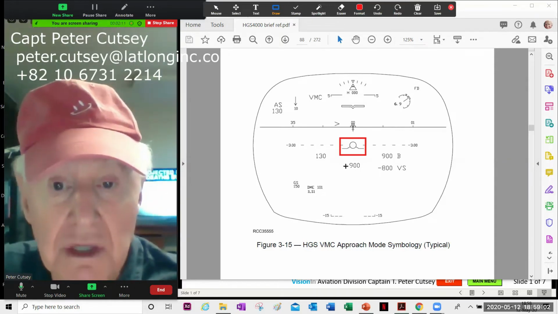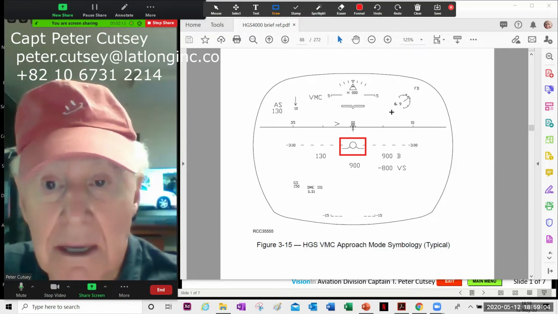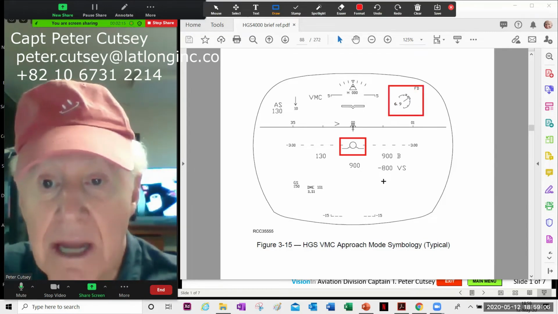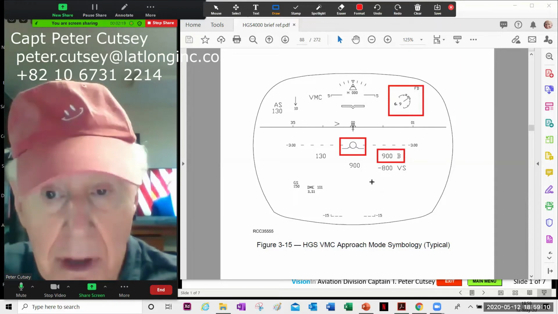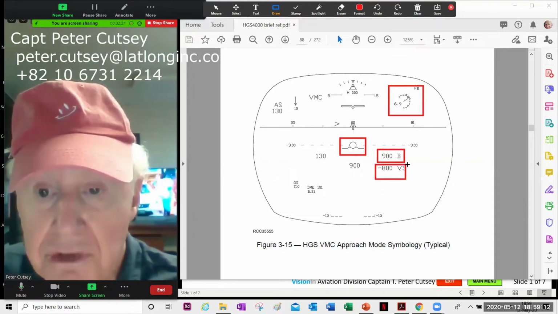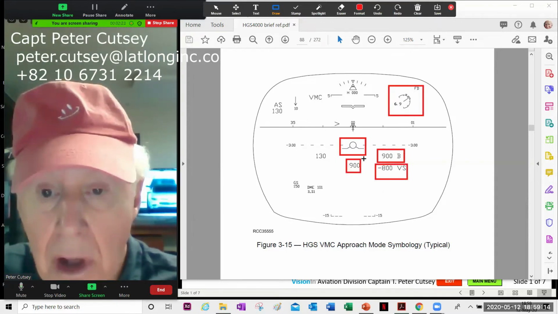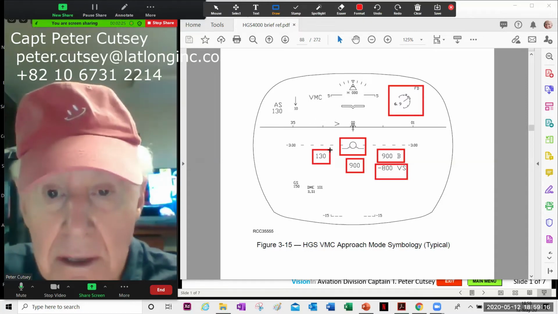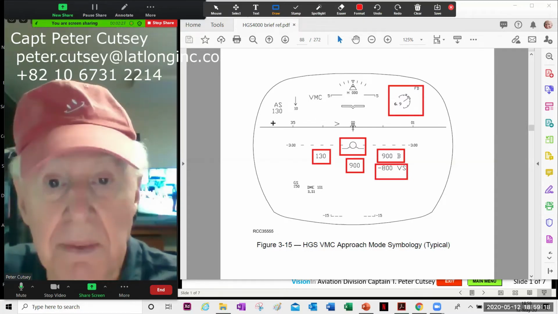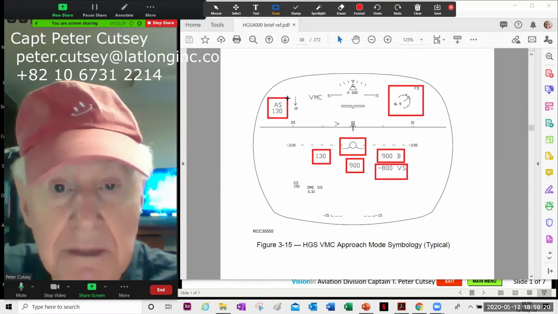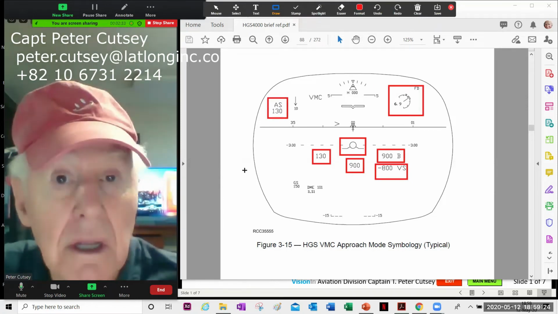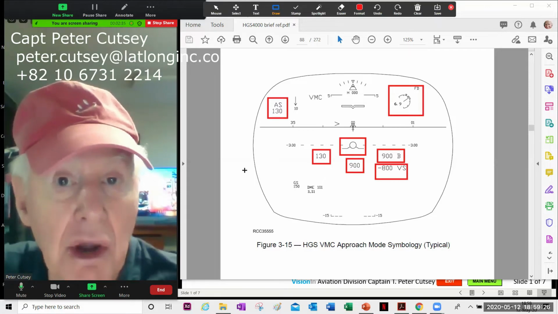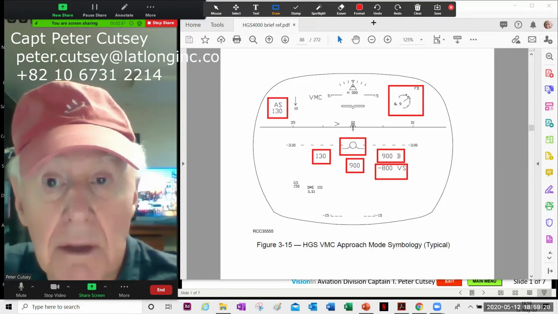We still have an angle of attack, an altimeter, barometric altimeter reading, vertical speed, radio altitude, indicated calibrated airspeed, and commanded speed that's on the MCP, as you would when flying a normal visual approach.